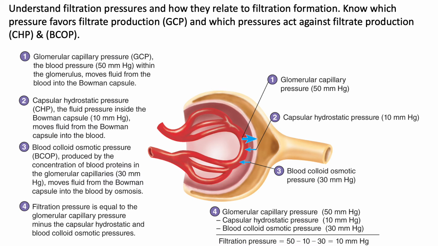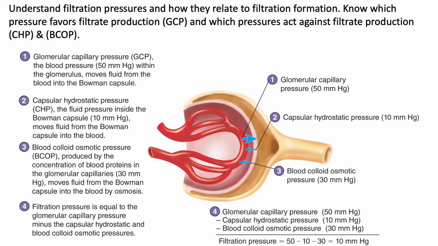So you should understand filtration that occurs at the glomerular capsule or Bowman's capsule, and the directions that these pressures want to push water into, because the direction can change if our variables change. The first one you see there, number one, glomerular capillary pressure, is basically blood pressure.